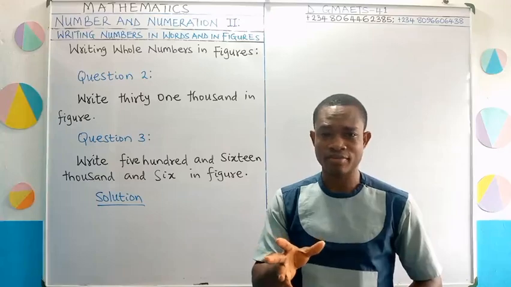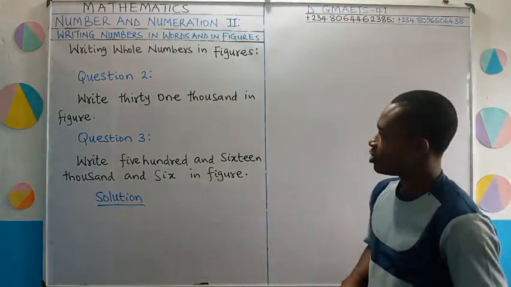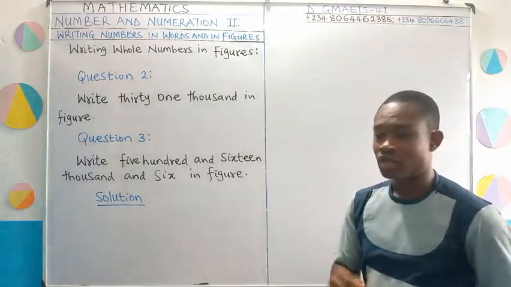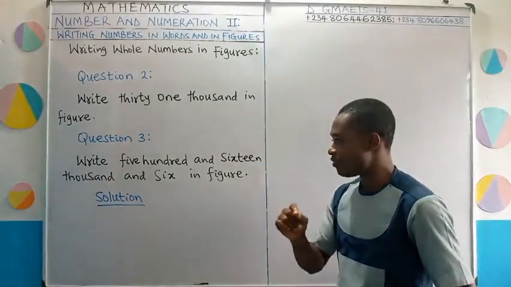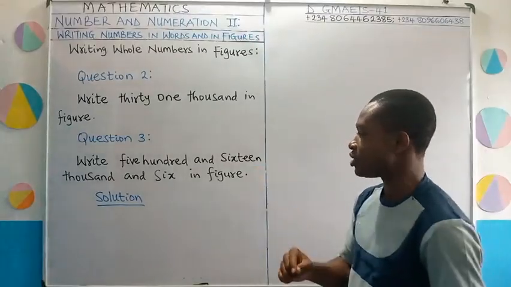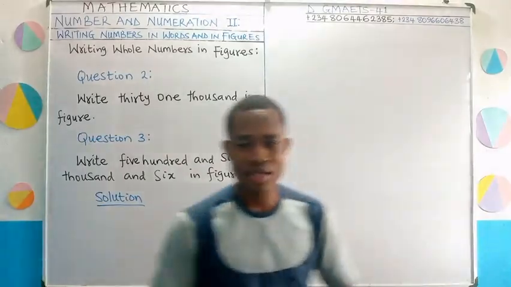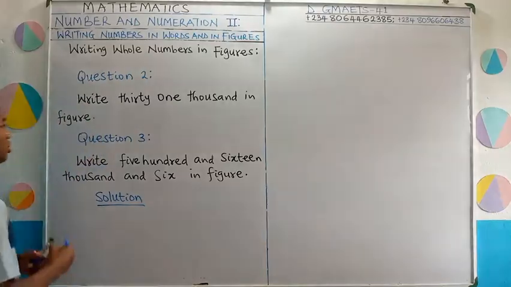Is that okay? Question number 2. Write 31,000 in figure. Question number 3. Write 516,006 in figure.